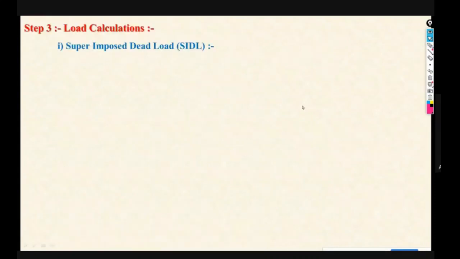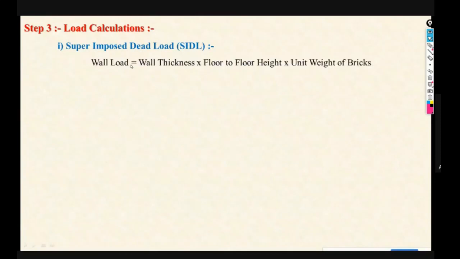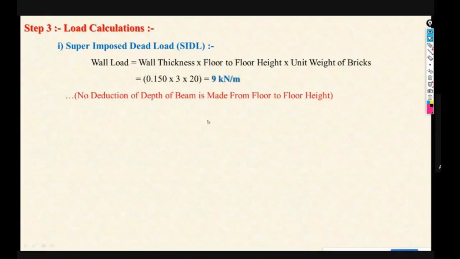Load calculation is important. Superimposed dead load means additional dead load coming on our beam. First, wall load: wall thickness into floor to floor height into unit weight of brick. Wall thickness is 0.15, floor to floor height 3 meter, and unit weight of brick is 20. So 0.15 into 3 into 20 is 9 kilonewton per meter. Most important, no deduction of beam depth is made from floor to floor height.